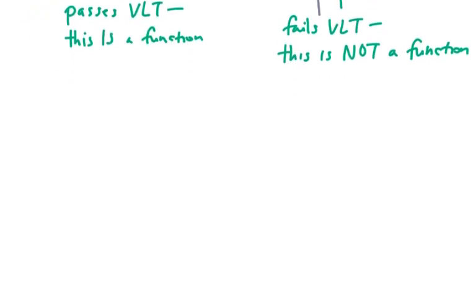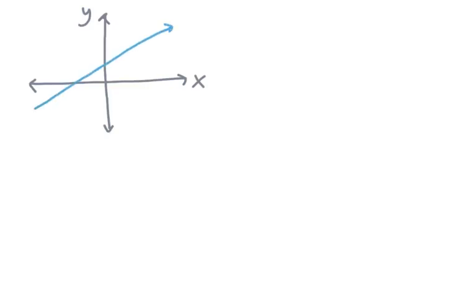Let's take a peek. I will again draw two different graphs. Let's begin with a nice linear function. Now let's try this idea of running horizontal lines through that graph.